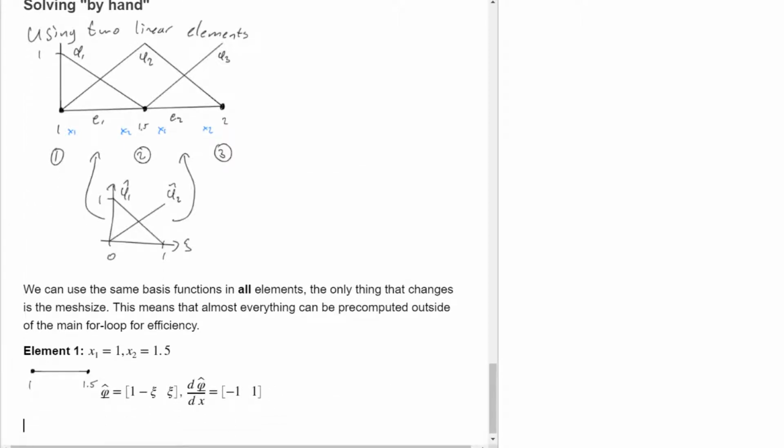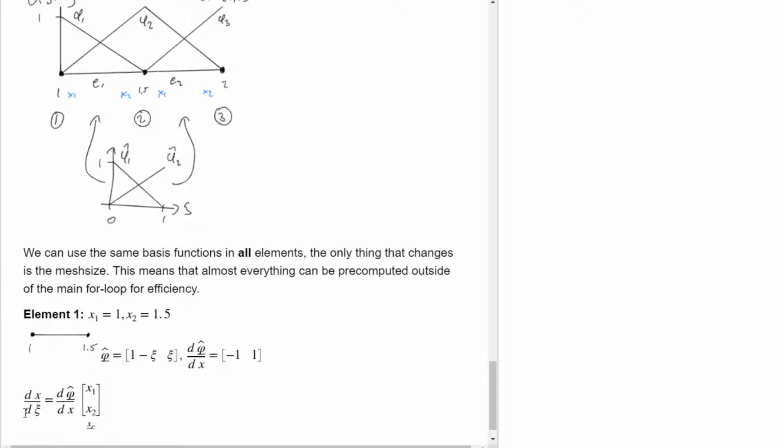Then we take dx/dξ here, and we see that this is dφ/dξ multiplying x, and this becomes minus 1 and 1, multiplying x1 and x2. This is of course nothing but the difference, which is again the Jacobian in one dimension, and it's also the notation we use here, h, which means mesh size.